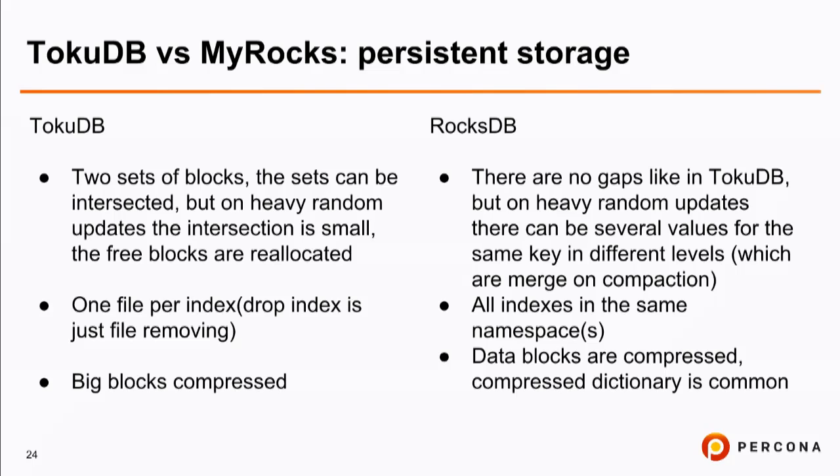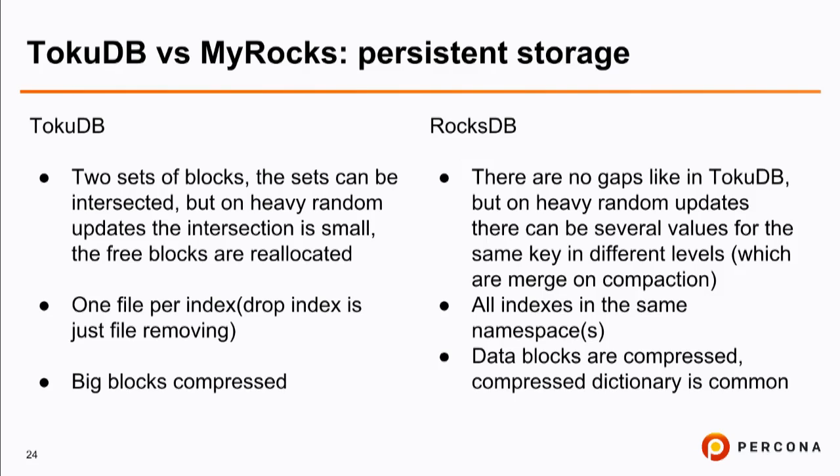So if we compare TokuDB and RocksDB on persistent storage, we will see that on heavy random updates the size of the block file in TokuDB can increase, and sometimes it can double. One file per index has its advantages, so we can easily drop an index.